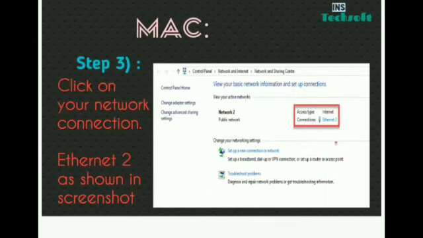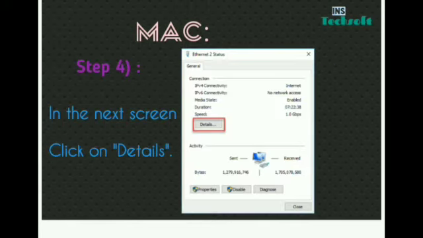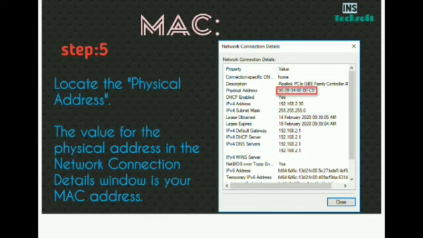Next, step 3, click on your network connection, Ethernet, as shown in the screenshot, guys. In step 4, in the next screen, click on details. In step 5, locate the physical address. The value for the physical address in the network connection details window is your MAC address.